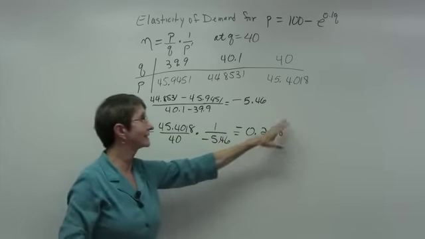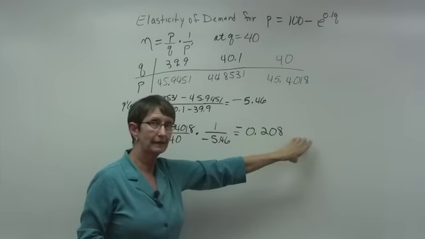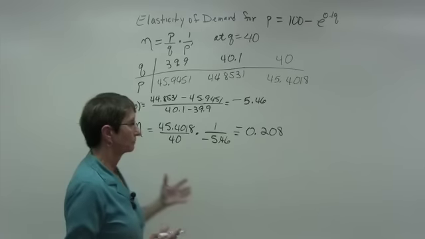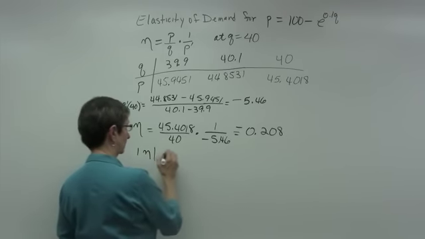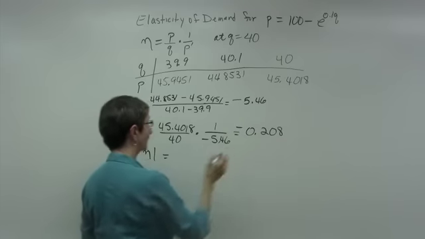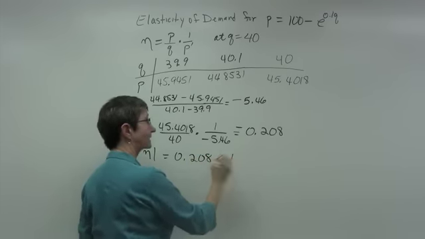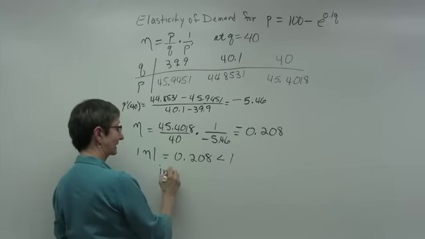Now remember, elasticity has no units, so I don't have anything to put on the end of that. So what does that mean? Well, my elasticity here, if I take the absolute value of eta, I get a positive 0.208, which is less than 1, which means elasticity is inelastic.